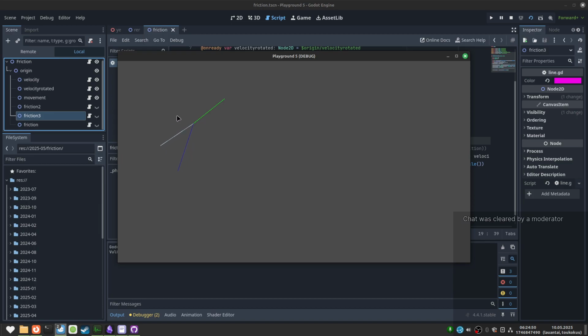It's just ahead by a bit. I haven't looked at this vector in a while, but it works. It's always the same length as this, but it's just turned, I guess, 45 degrees.